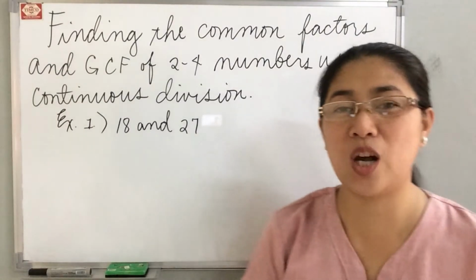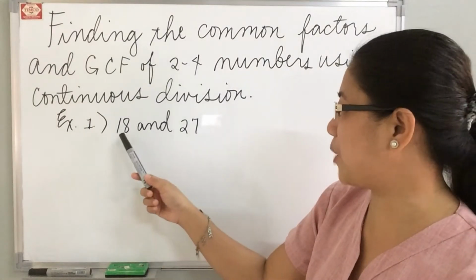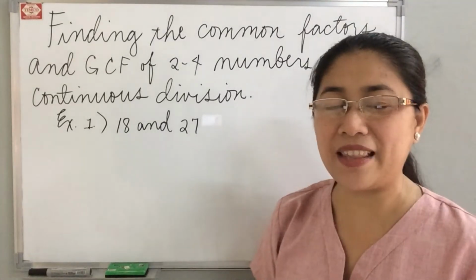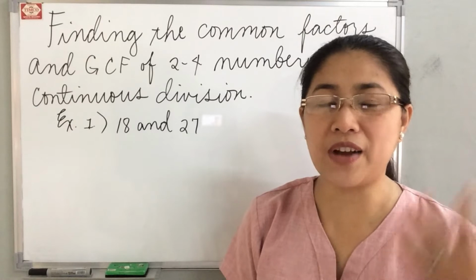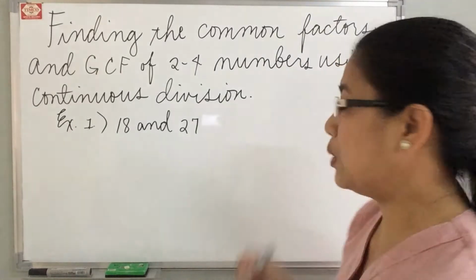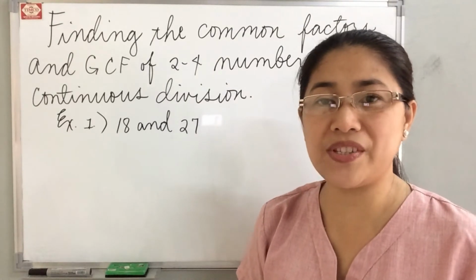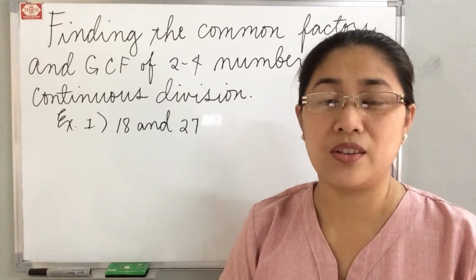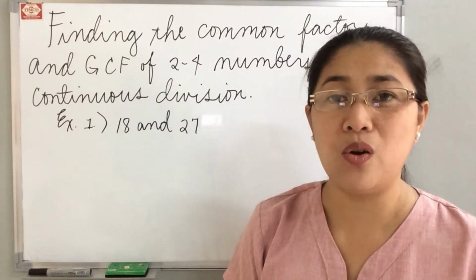Now let's find the common factors and the greatest common factor of numbers 18 and 27. But before that, let us list down the first 5 prime numbers. When we say prime numbers, those are numbers that have only 2 factors, the number itself and number 1.